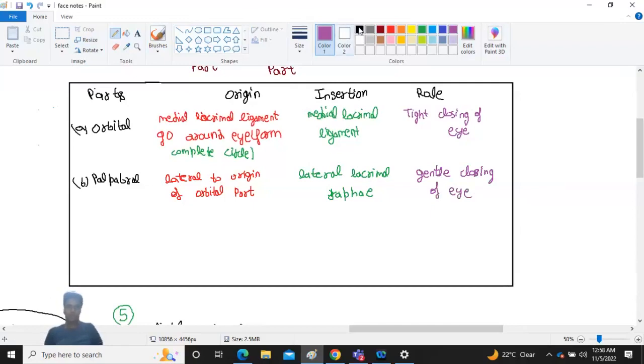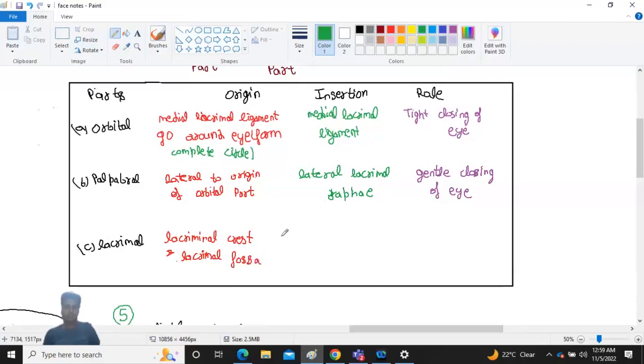The third part is lacrimal. Again, the origin is the lacrimal crest. Done. And the lacrimal fossa. Basically this is a portion of the bone, the lacrimal crest and lacrimal fossa, a depression, the fossa for the lacrimal sac.